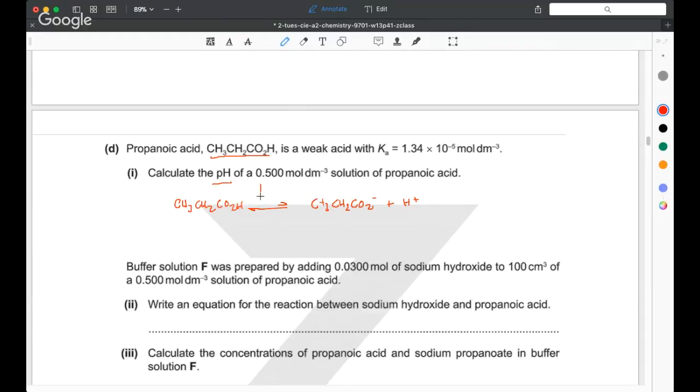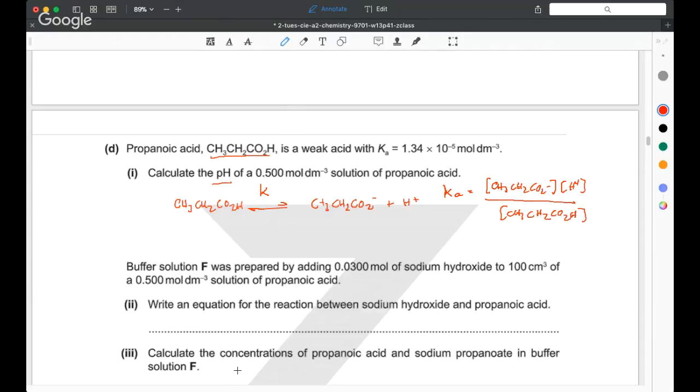And you can write an equilibrium constant for that. And that special equilibrium constant, Ka, is then equal to the concentration of the propanoate anion and the hydrogen ion concentration divided by the equilibrium concentration of propanoic acid.